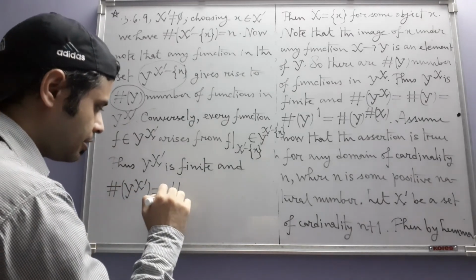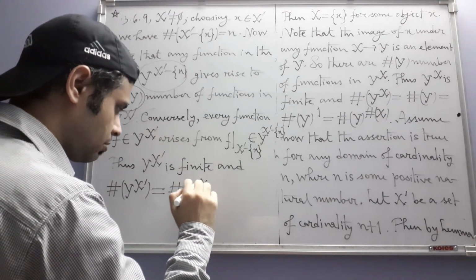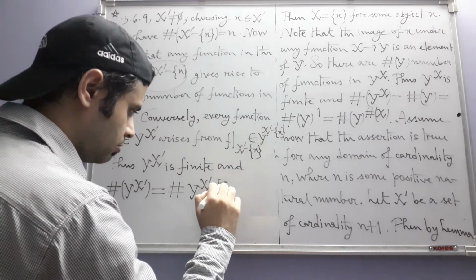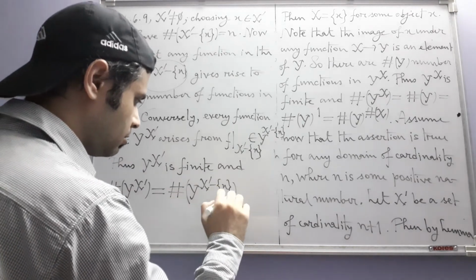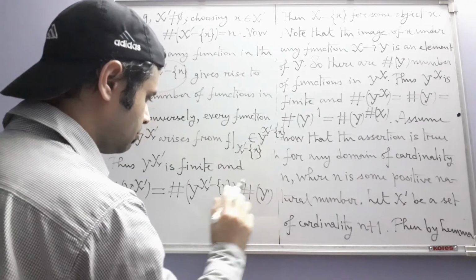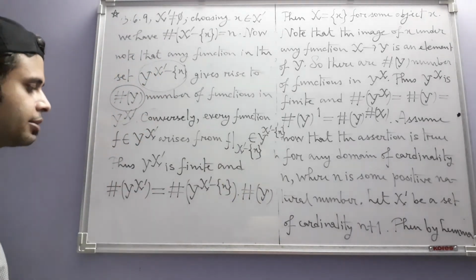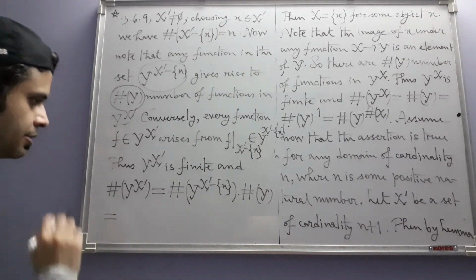It is the cardinality of this times the cardinality of y. For each function here you are getting this many functions in the larger set. Okay, now what is this?